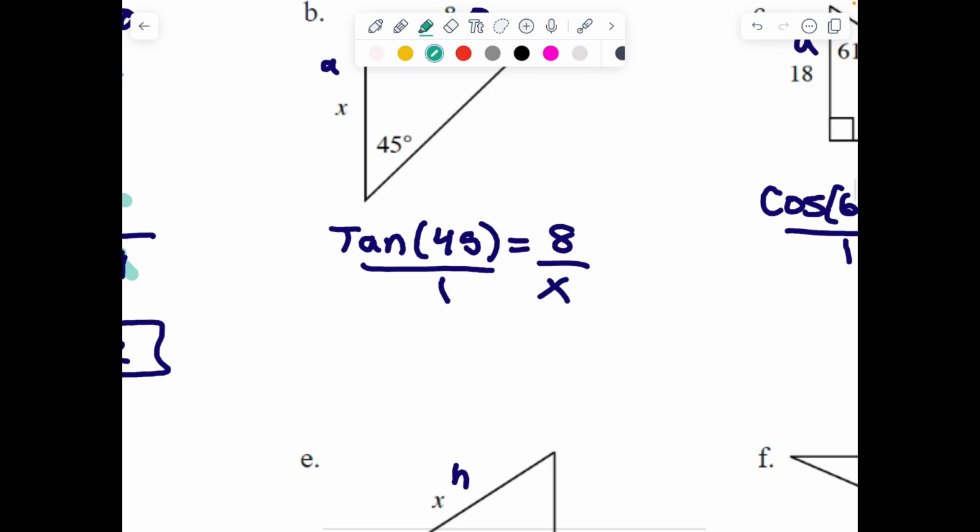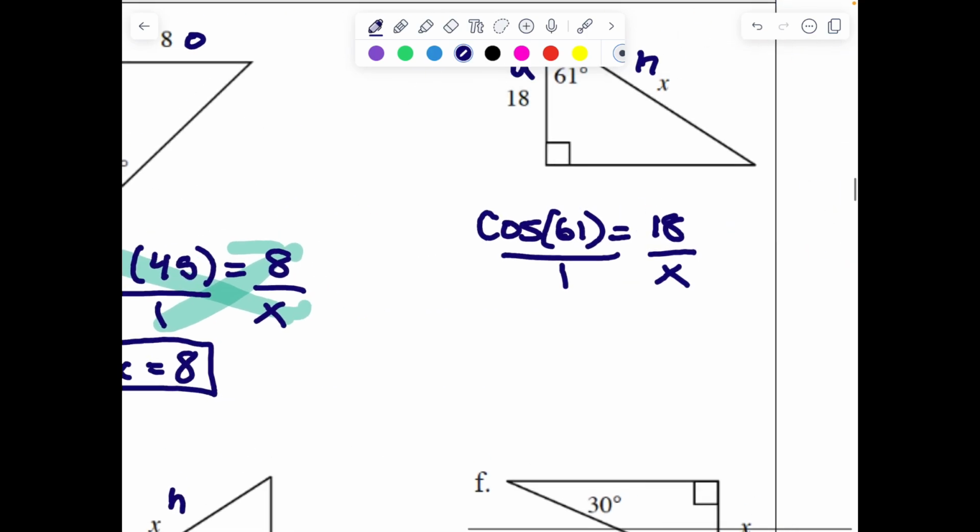Over here we are cross multiplying. The tangent of 45 is 1, so that's 1x equals 8, so x equals 8. Cross multiplying here, the cosine of 61 is 0.48. So we're going to divide both sides by 0.48.